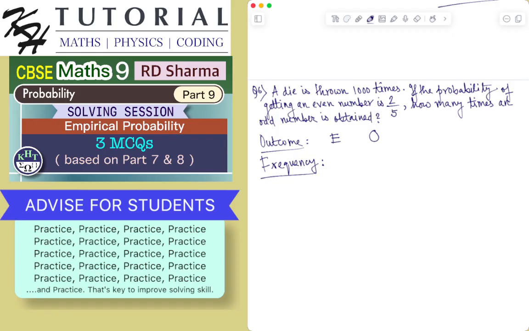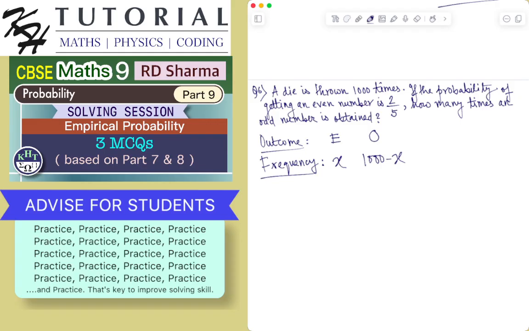Okay, we have to do it from the very basics. So let's say the number of times an even number was obtained when a die was thrown, out of the 1000 times, let's say that be x. Obviously the remaining 1000 minus x times the die was showing up an odd number.